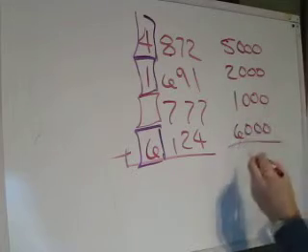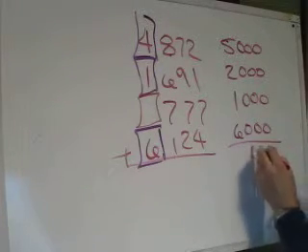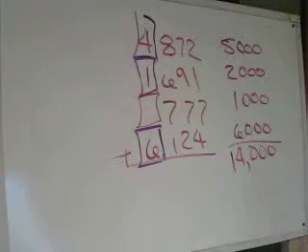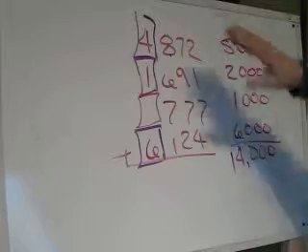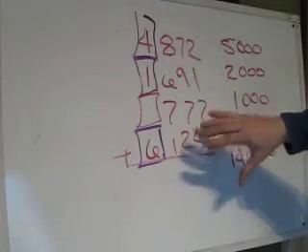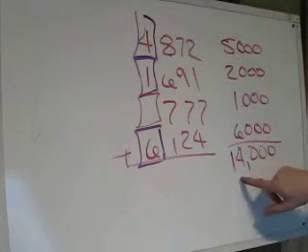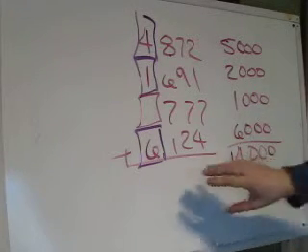Alright, so then I just add all of these up, my zeros all add up to zeros, and I get 14,000 as an estimate. If I were to add these up quickly doing the math here, I would get a number similar to that, but I would get the exact answer.